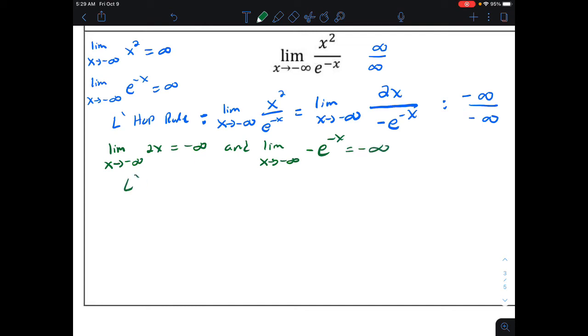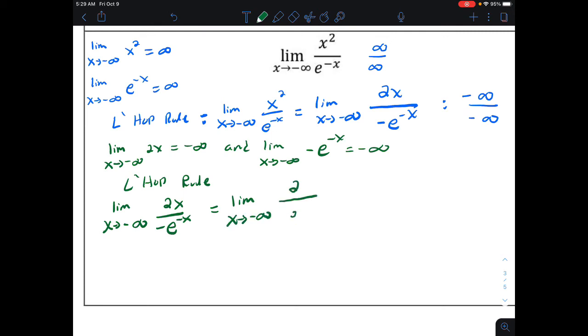So we're going to do L'Hopital's rule, and that's going to get, we would say that our limit where we're stuck at temporarily, the limit as x approaches negative infinity of 2x over negative 1 times e to the negative x, would equal the limit as x approaches negative infinity. Take the derivative of the numerator and you get 2. The derivative of the denominator, we get positive 1 times e to the negative x. Now we put in negative infinity.